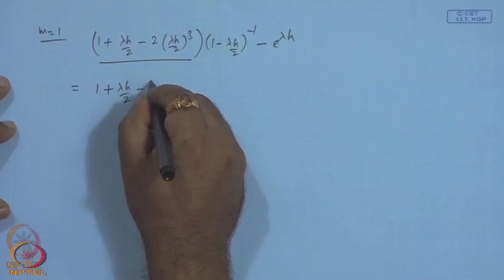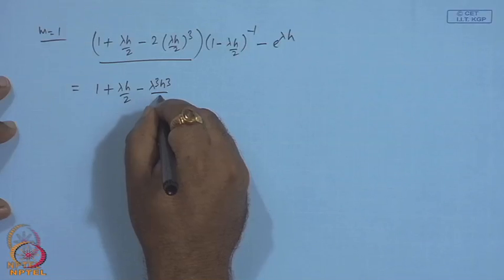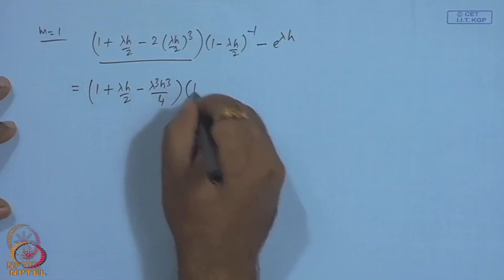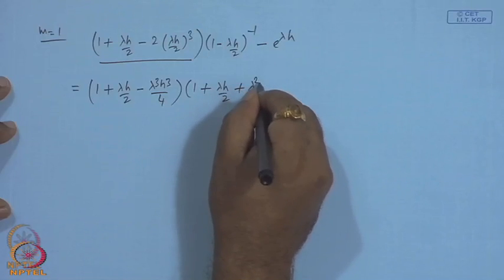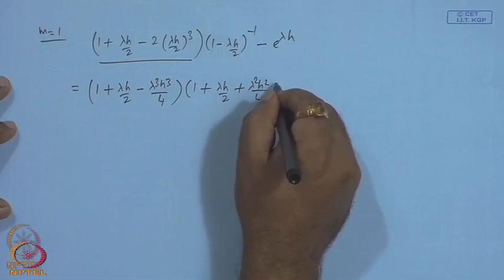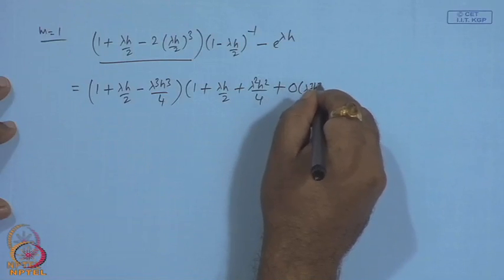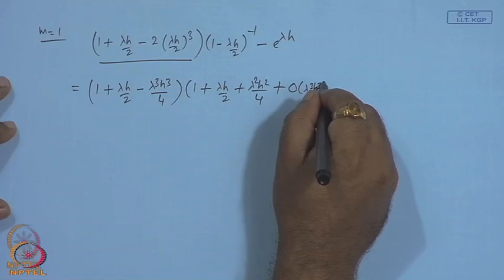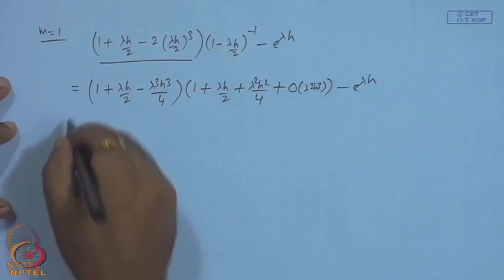So, this will be lambda cube h cube by 4 into 1 plus, okay.